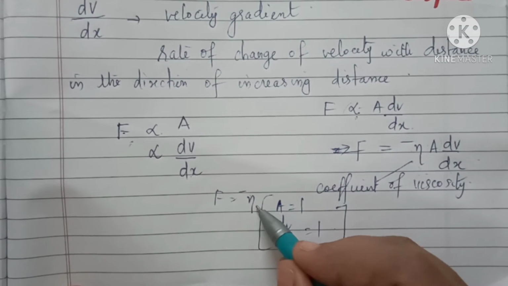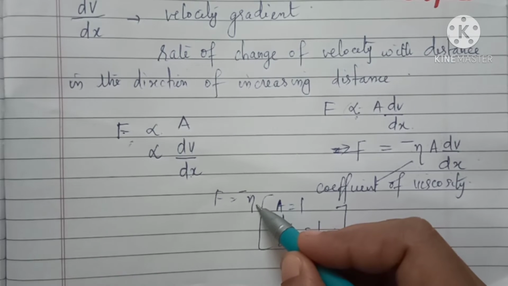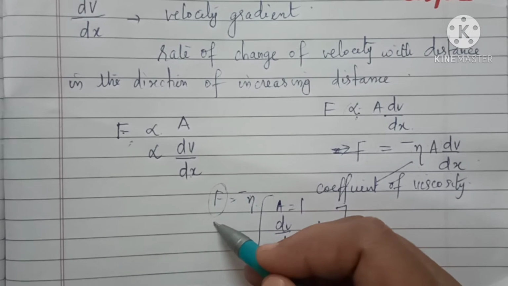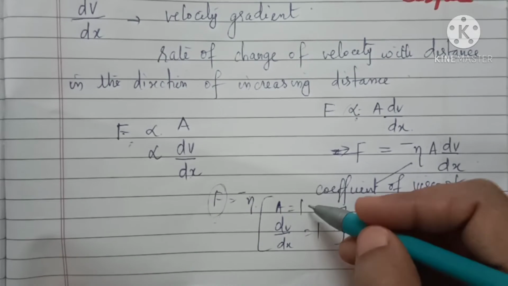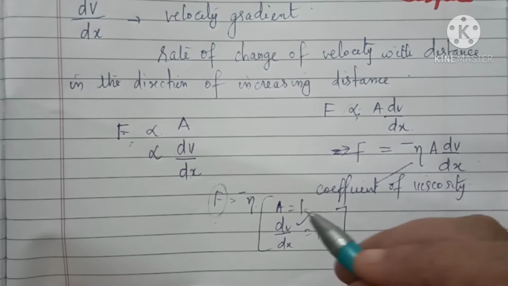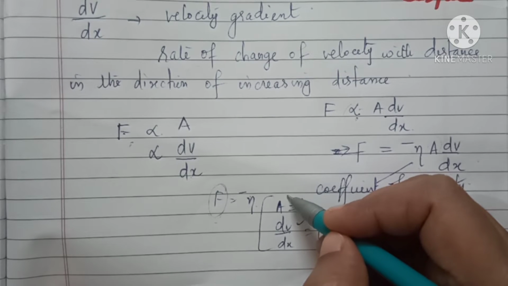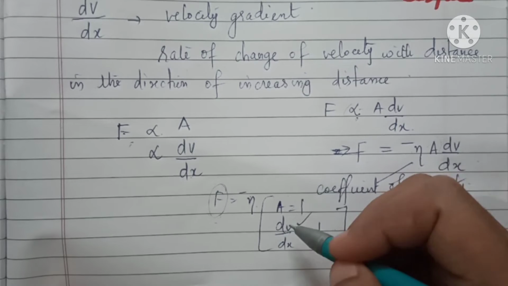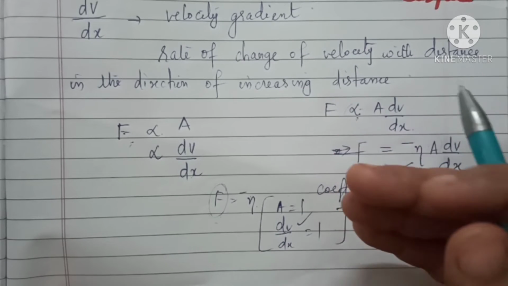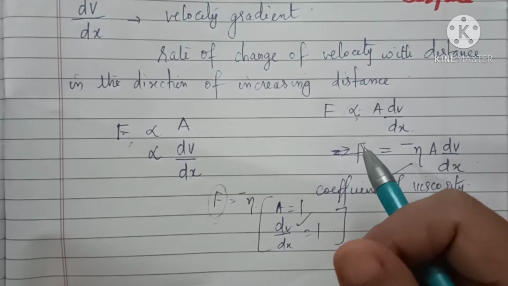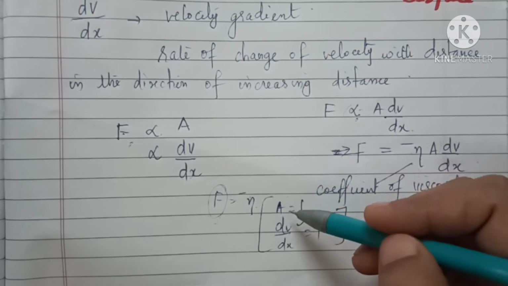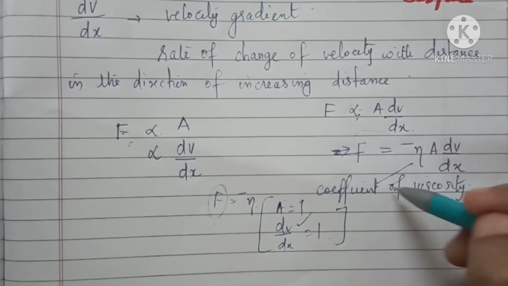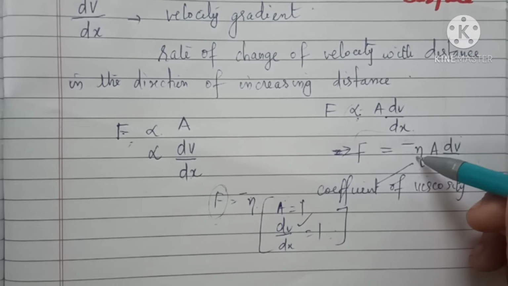Okay. Now how can you define this coefficient of viscosity? It is defined as the tangential viscous force required to maintain a unit velocity gradient between two parallel layers each of unit area. Clear? Once again, when you put A equal to 1 and dV by dx equal to 1 in this equation, you will get F equals minus eta.